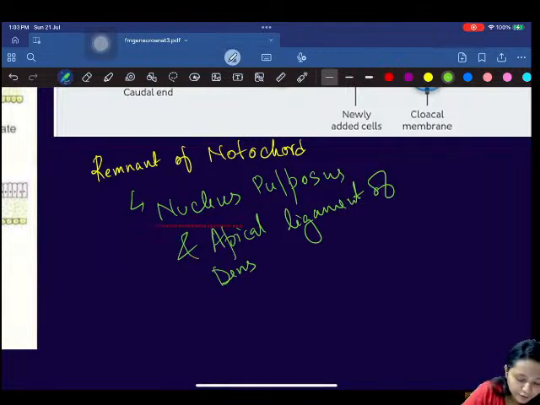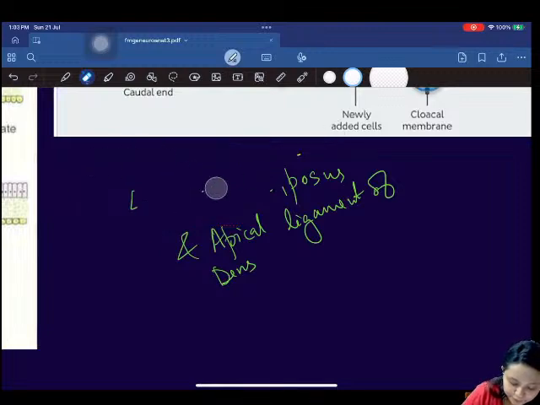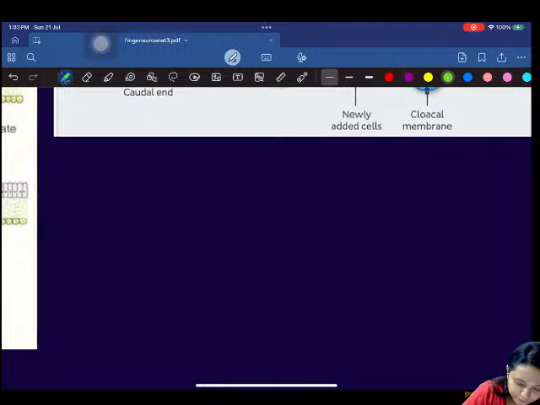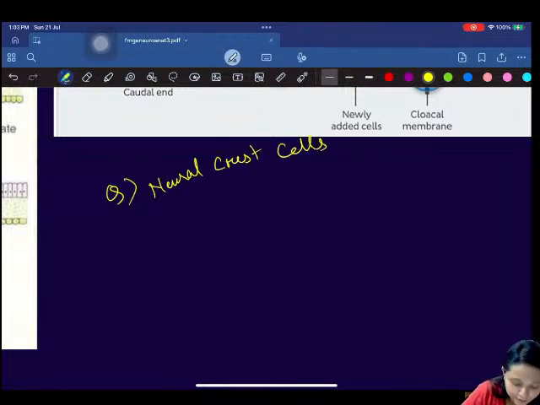Now, third question. Neural crest cells are derived from.